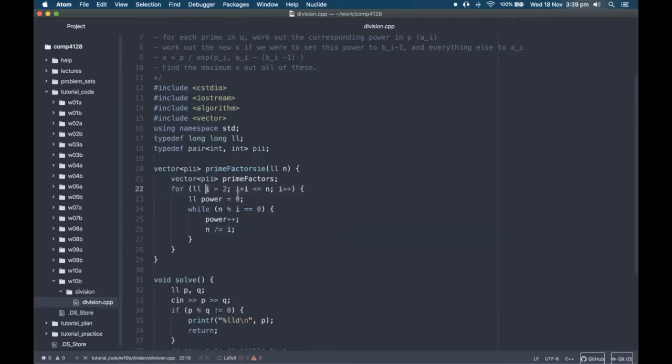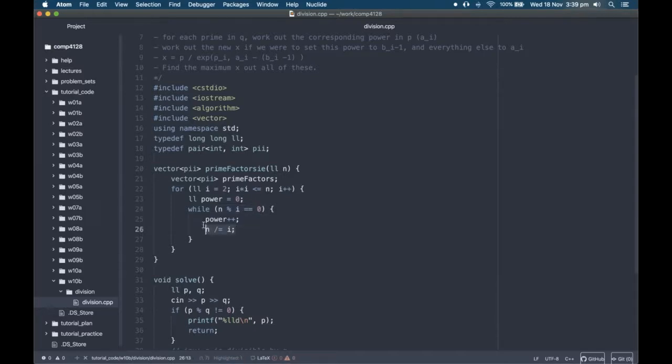So i here is going to loop from 2 to the square root of n. That's what this thing is. As it loops through, it's going to pretend that i is the prime, and I'm going to check if n is divisible by i or not. I'm going to start off with power equals 0. If n is divisible by i, then we're going to keep dividing n by i.